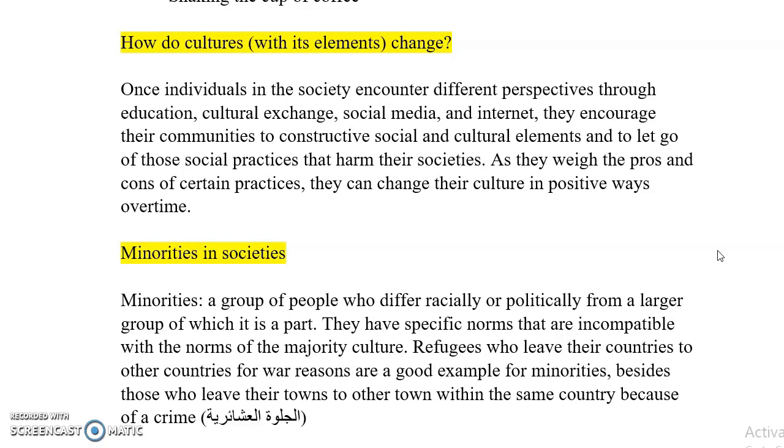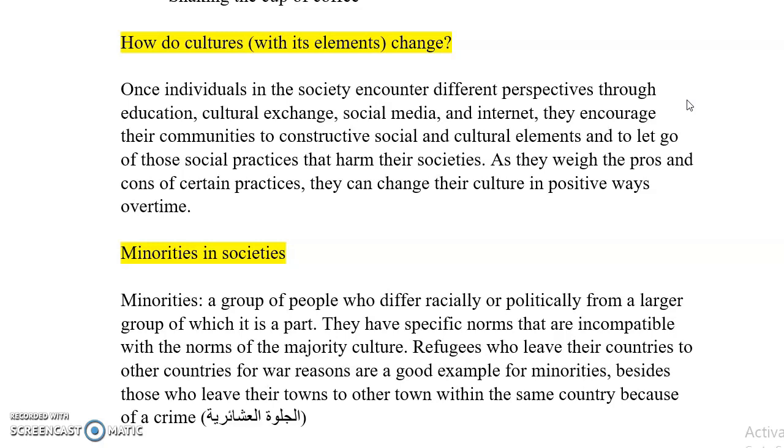As they weigh the pros and cons of certain practices, they can change their culture in positive ways over time. I'll explain this in some simple words. Because of social media, traveling, exchange, trade, and education, when someone goes to study abroad.